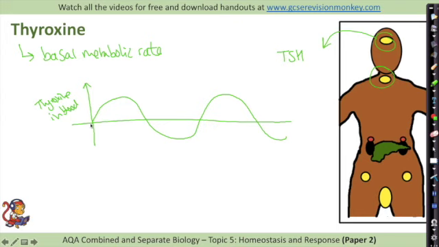So if the thyroxine levels get too high, that TSH will be inhibited and stopped. If the thyroxine levels in the blood drop too low, that TSH in the pituitary gland will be stimulated and start being produced to stimulate the production of thyroxine.